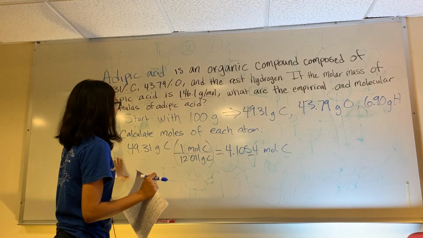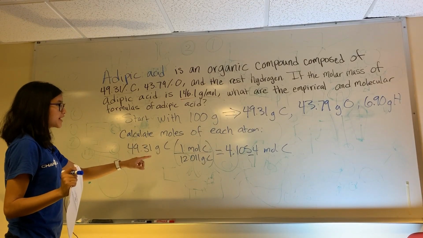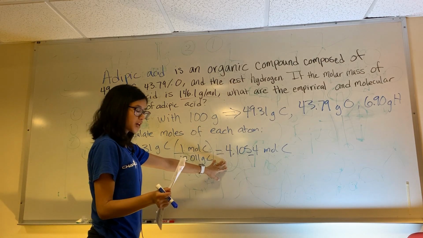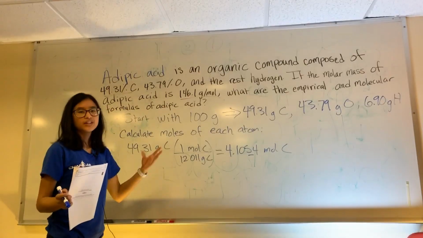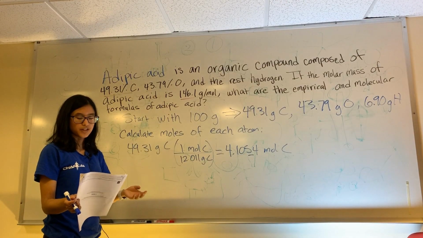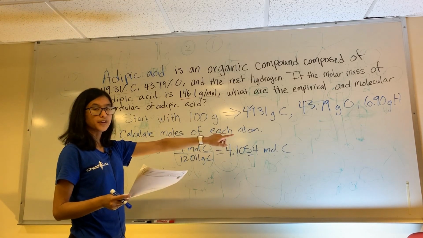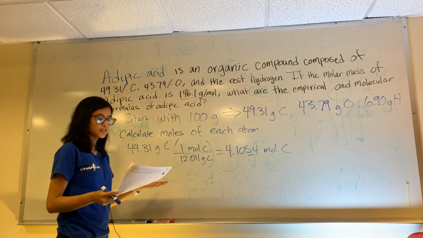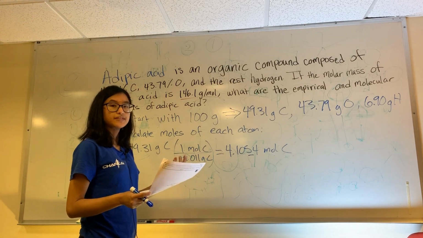So far we've just got moles of carbon, but for hydrogen and oxygen you do exactly the same thing. You take 43.79 grams of oxygen and divide by 15.99, the molar mass of oxygen, and the same for hydrogen.